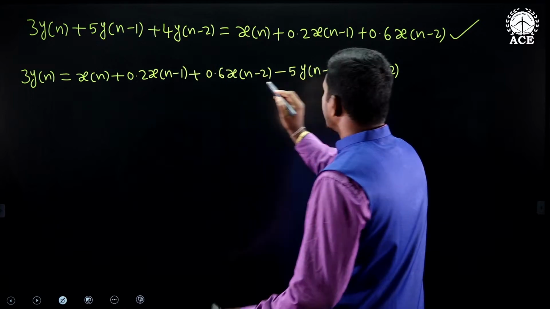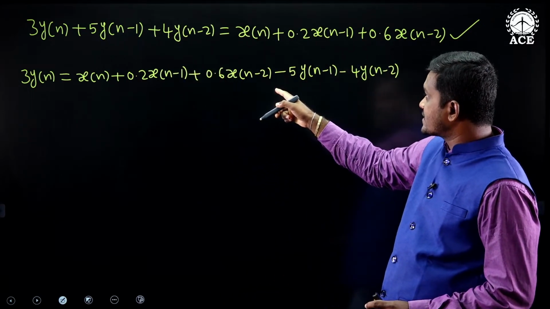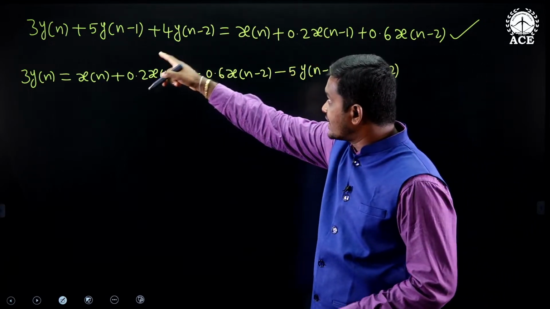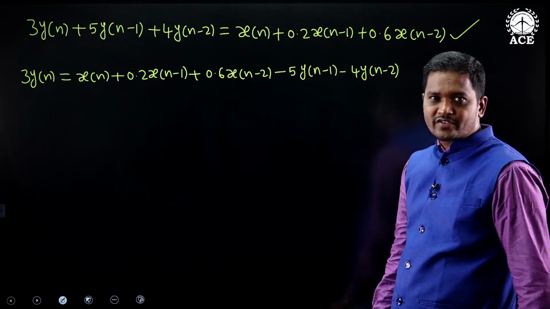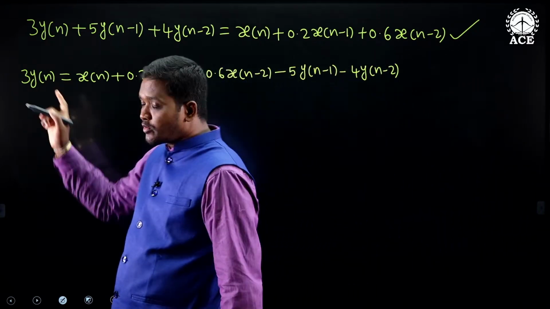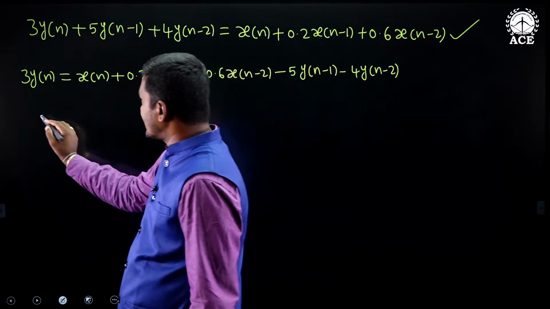Always the LHS should be y of n, and write the x terms first. I have written the same x terms and sent the y terms to this side: minus 5 y of n minus 1 minus 4 y of n minus 2. The LHS should be only y of n, but 3 y of n is there. Send 3 to that side.